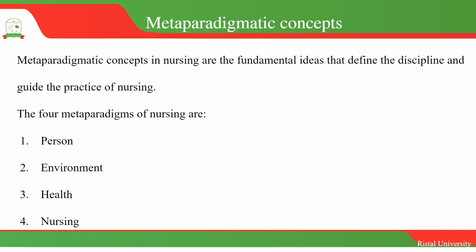One thing that you need to realize is that all the theories explain the interaction between the nurse and the patient in order to improve nursing outcomes. The key elements, which we are calling the meta-paradigmatic concepts in nursing, are the ones that each theory looks at.